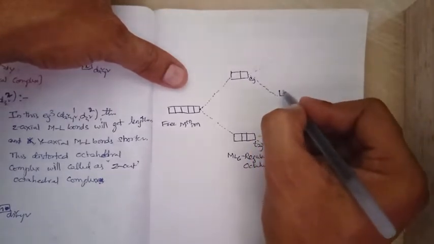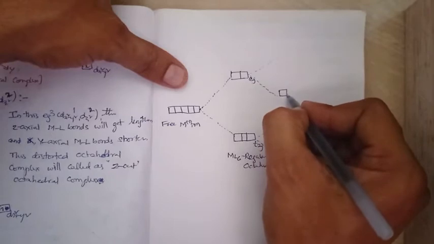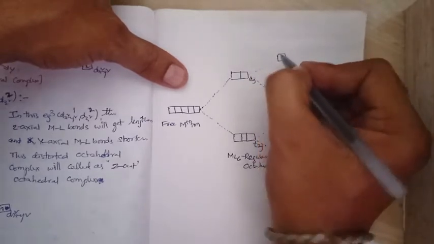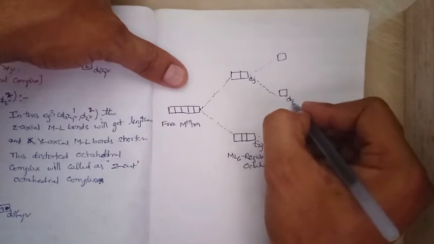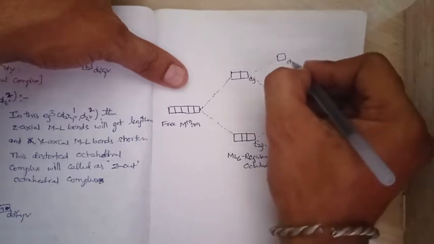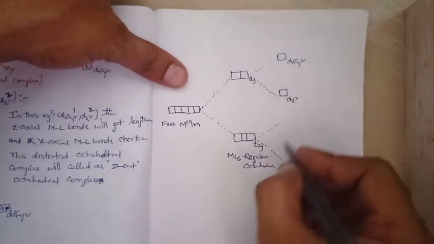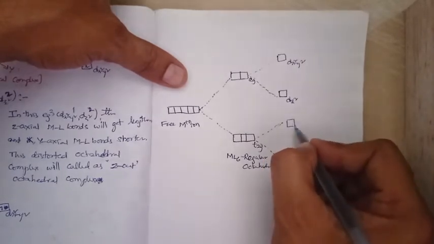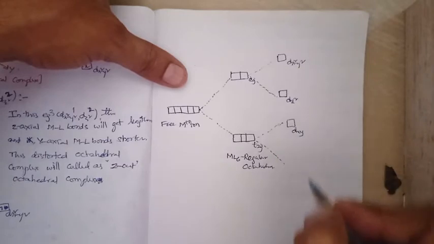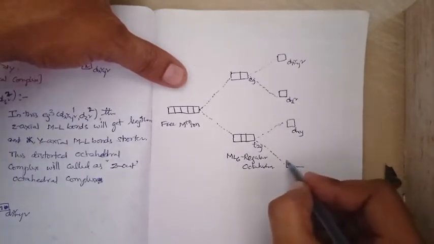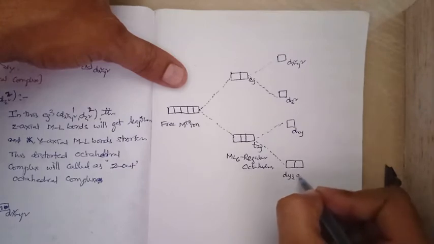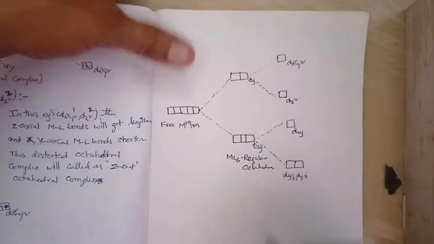When they split further, the dz square will be lower energy, dx square minus y square higher energy, and dxy in higher energy, dyz and dzx in lower energy.